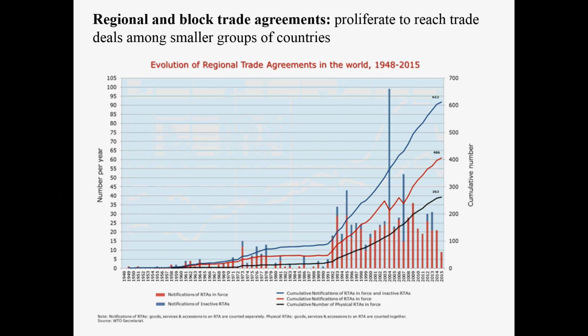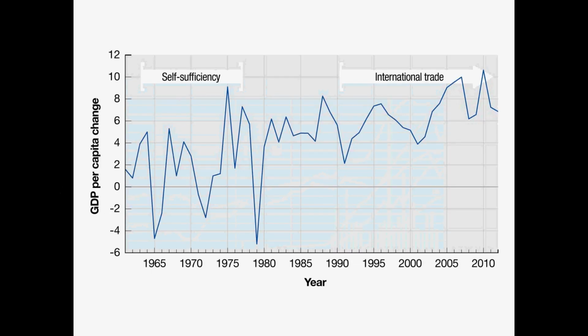Okay. Now this slide that we skipped earlier shows that prior to the 1990s, when the self-sufficiency approach seemed to be the dominant trend among some developing countries, you can see the growth rates seem to go up and down. You don't see a clear increase. What you see is a big fluctuation, ups and downs very frequently.